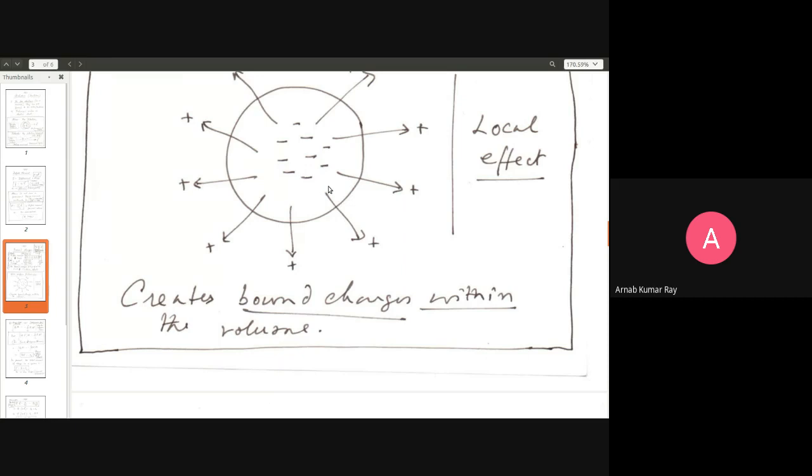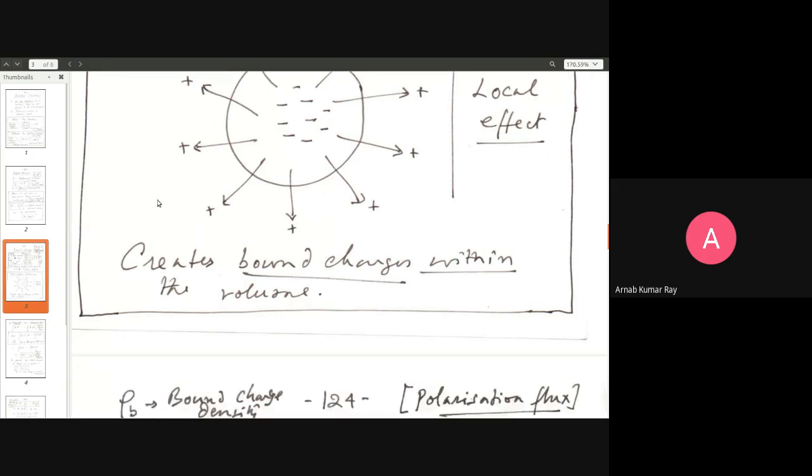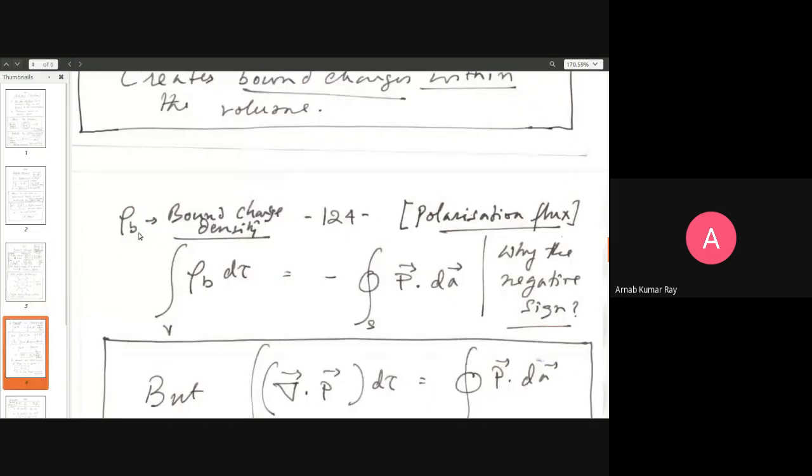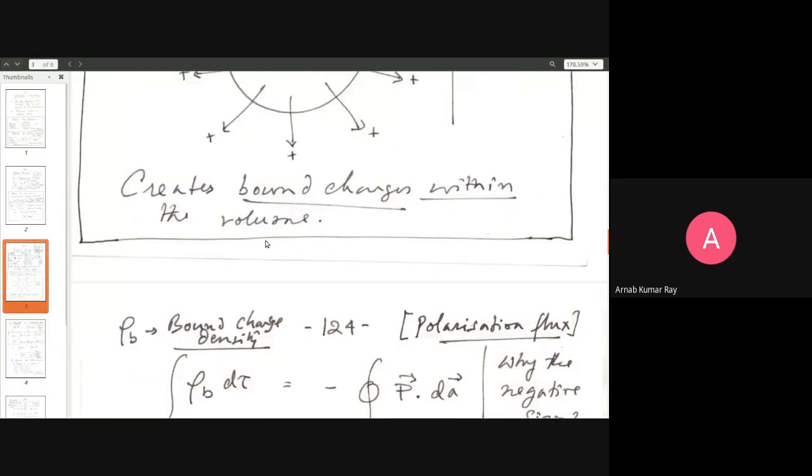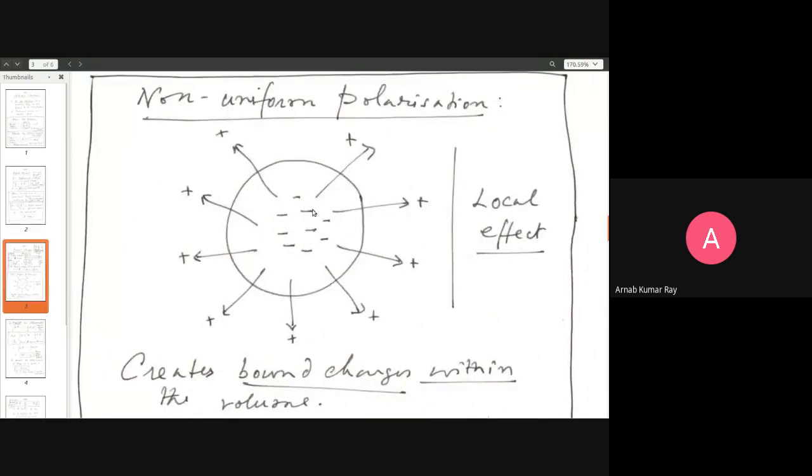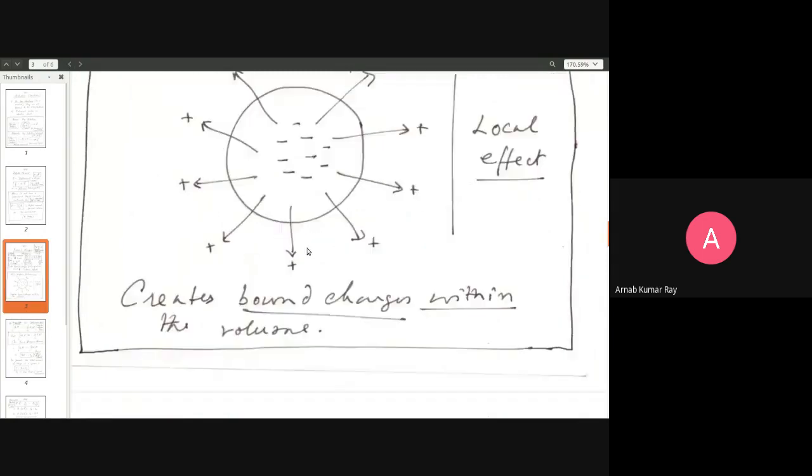Whereas free charges don't have anything to chain them, and so free charges can move as far as possible within, of course, the bulk of the material. So here, rho subscript B, B as in bound, is the bound charge density. So what is the total amount of charge contained in this region?